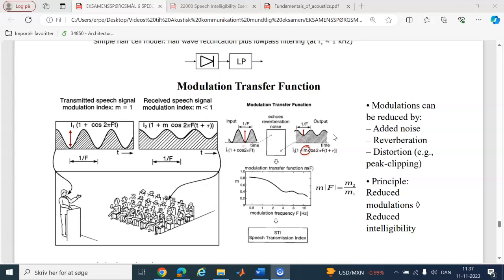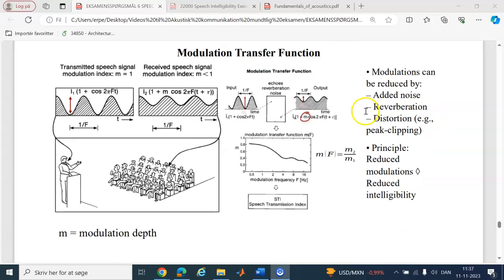This m is a fraction, m2 divided by m1, where m2 is at the listener and m1 is at the speaker. Modulation can be reduced by added noise, reverberation, distortion, peak clipping, and so on. In principle, reduced modulation means reduced intelligibility.